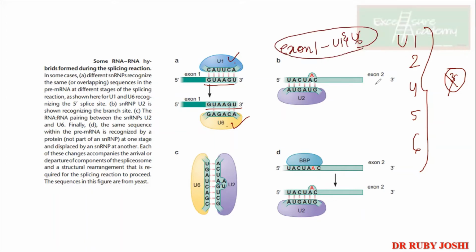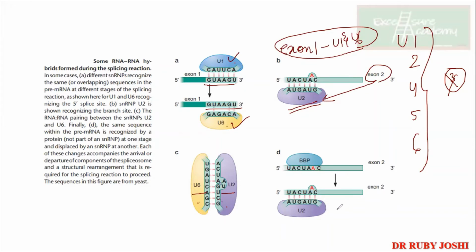Coming to the next, U2. If it kicks out one base, it can interact with U2. Then again, U6 and U2, these two spliceosome parts can also form base pairing because both of them have RNA, correct? So they themselves can interact with each other.